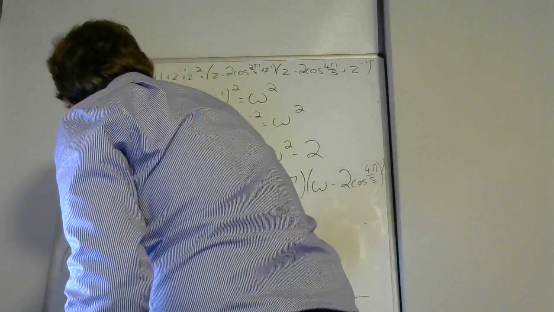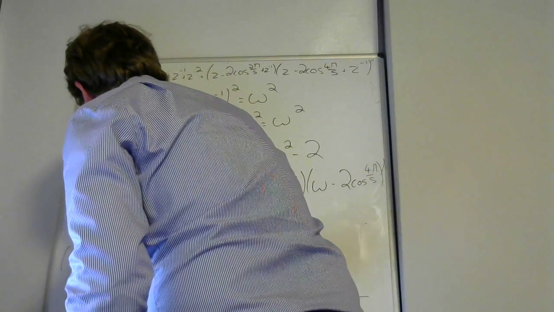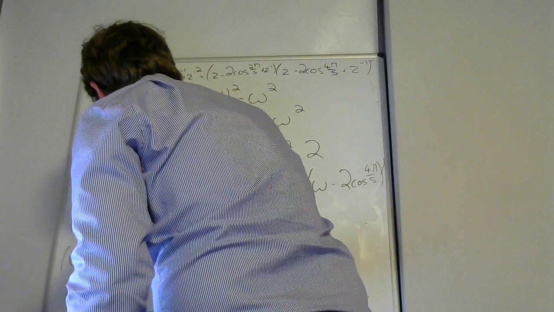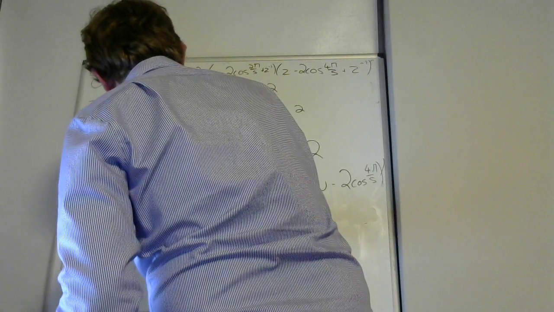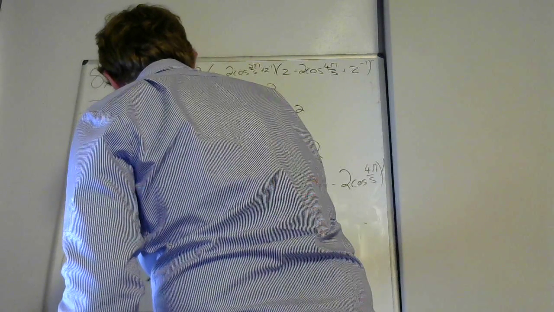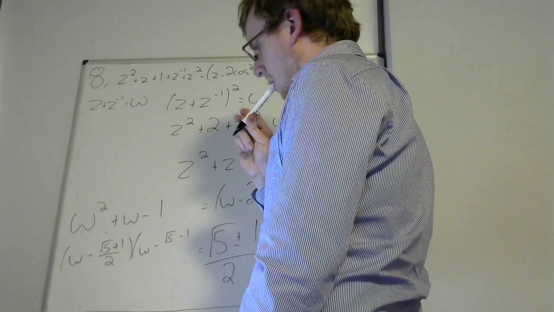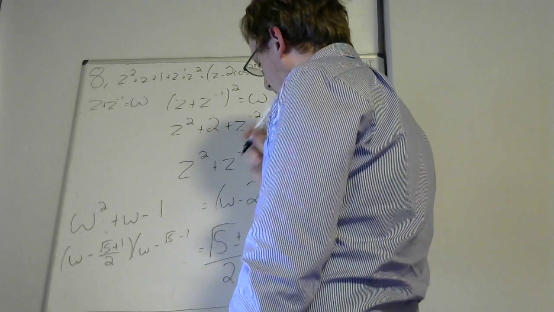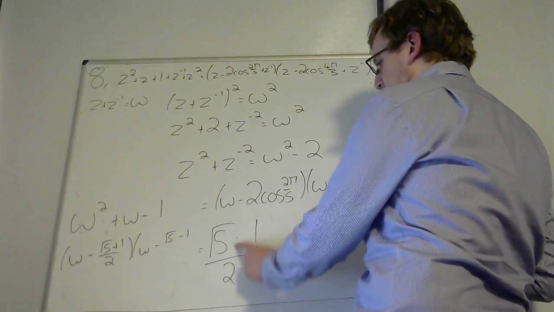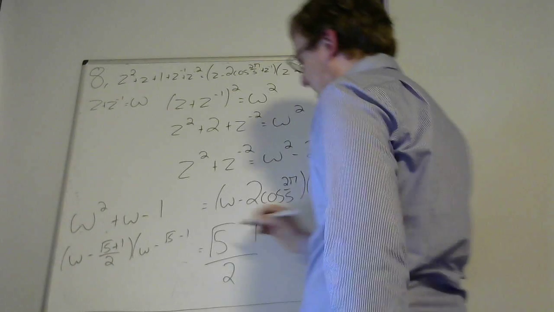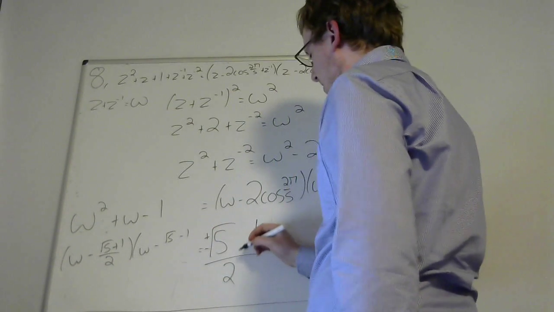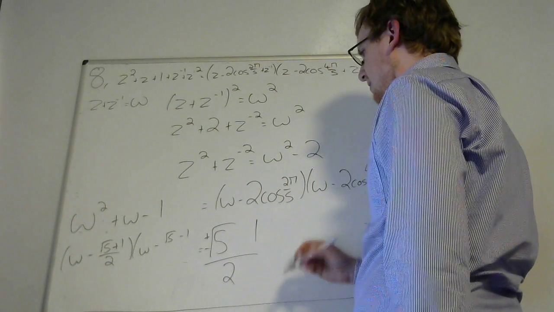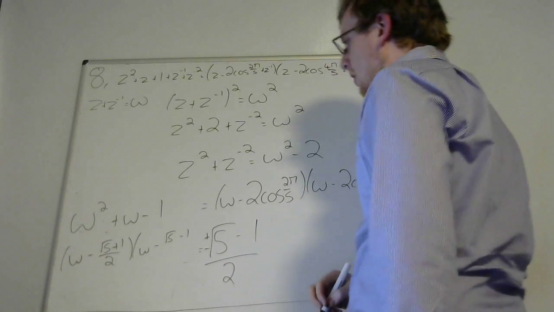So if I were to write that out in linear factors, that's w minus root 5 minus 1 over 2, w minus root 5 minus 1. I'm sure I've got that wrong. Not doing very well today. That must be plus or minus root 5 minus 1.